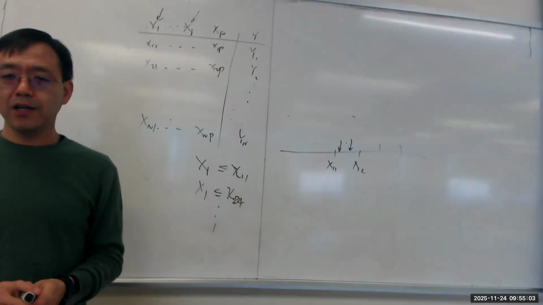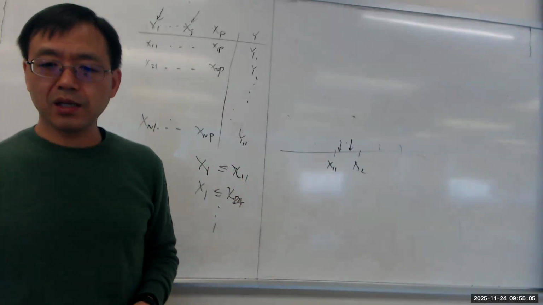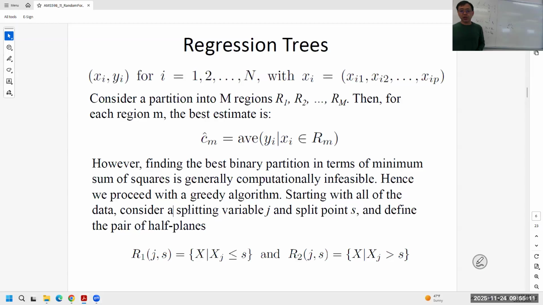So for the first partition, what are you going to do? We're going to scan through all the splitting variables J, all the possible values, and the splitting point S. You're going to go through all of them. So this scanning is going to be n by p, right?